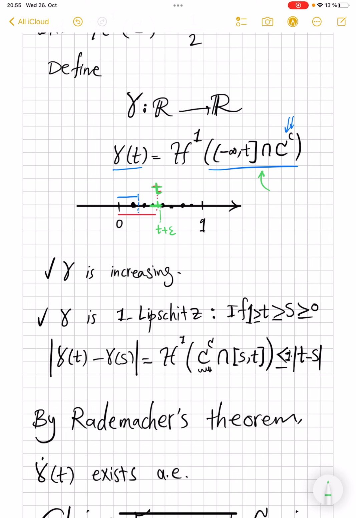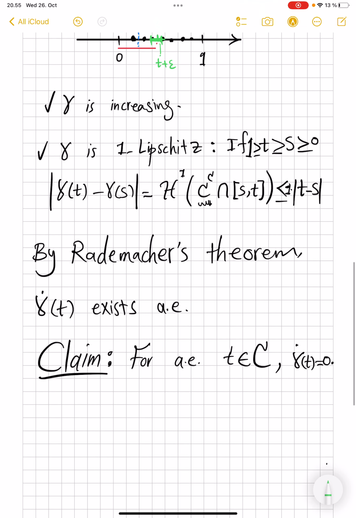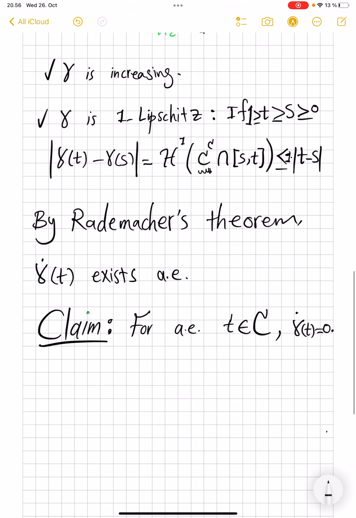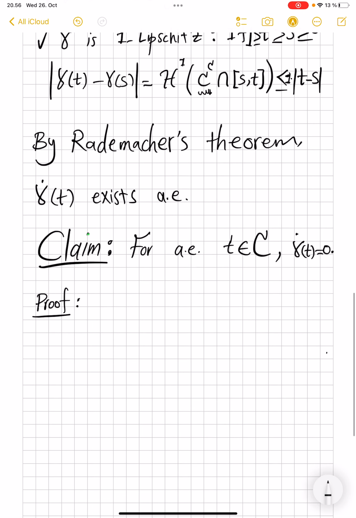And therefore, gamma is constant in traveling from T to T plus epsilon. This would be precise if indeed C was like this, had a full line segment in it. We know that that is not true, it's totally disconnected, so this gives us an idea of why the claim is reasonable, but it's far from being a proof, given that actually C has no intervals in it. But this proof is quite nice.